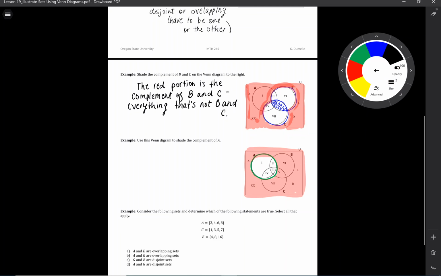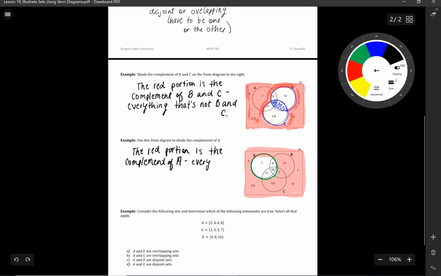So let's say the red portion is the complement of A. Everything that's not in A. So that's what it means for a set to have a complement. It is just everything that is not in our set, that is in our universal set.